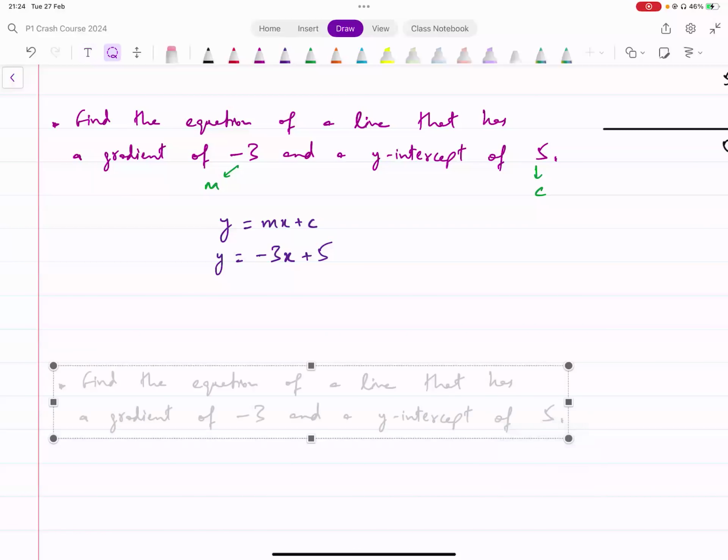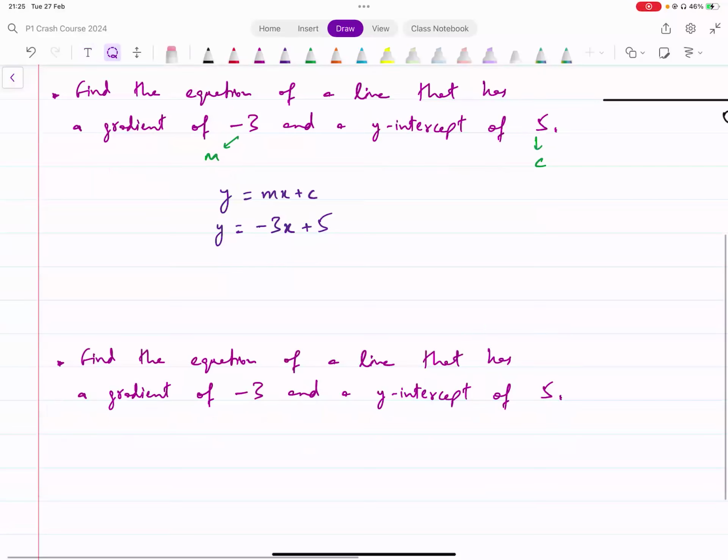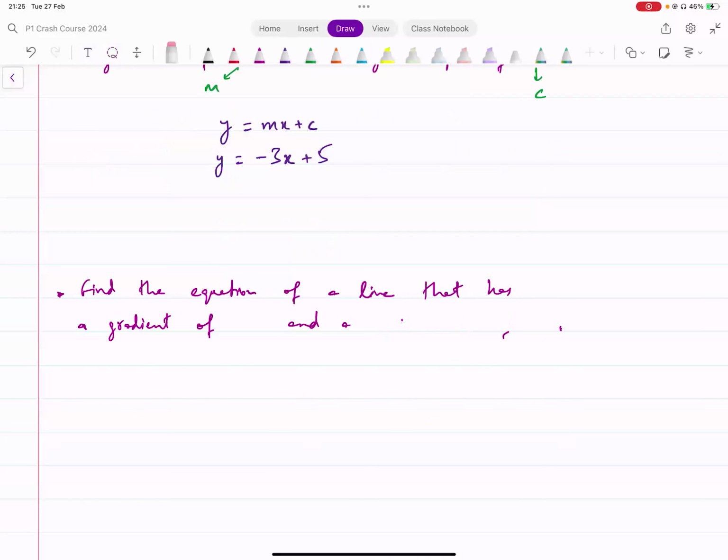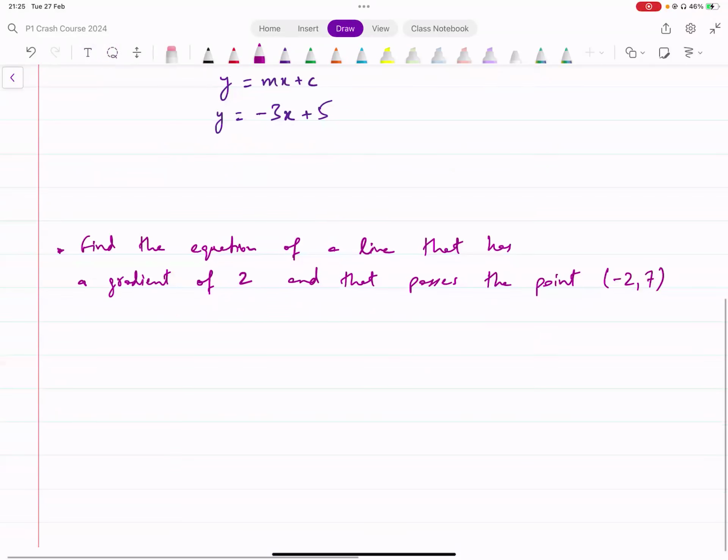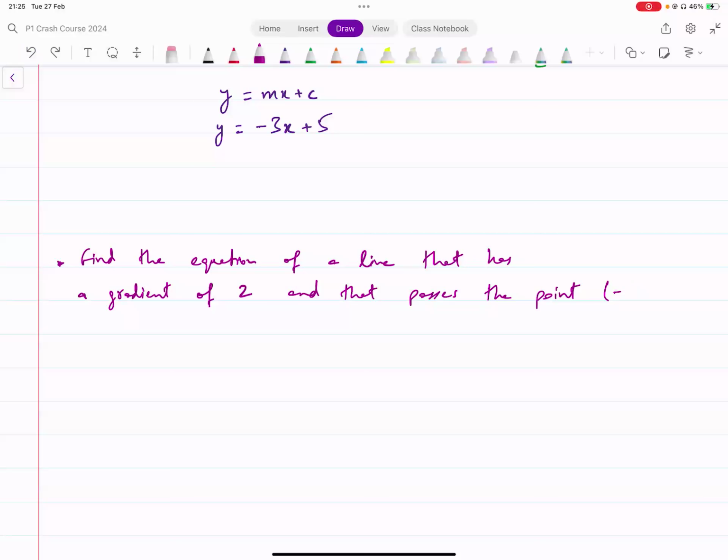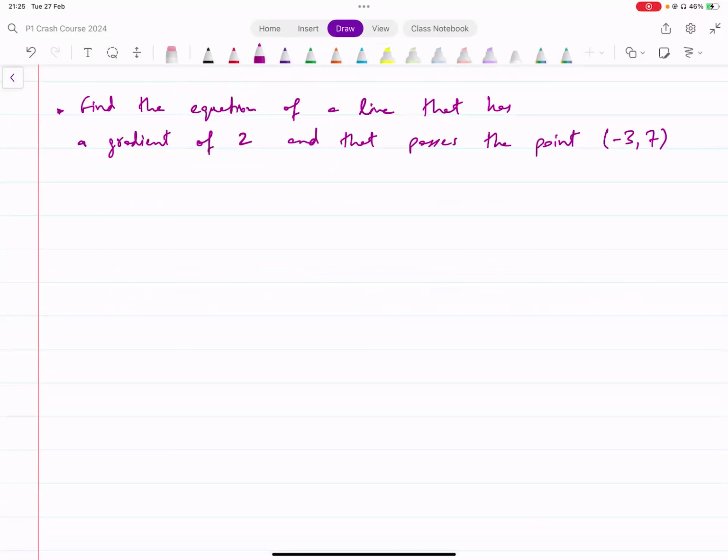For instance, what if you had to find the equation of a line that has a gradient of 2 and that passes through the point -3 and 7? Let's change the number so it doesn't confuse with this 2, and just use -3 and 7. Now we have to find this equation.